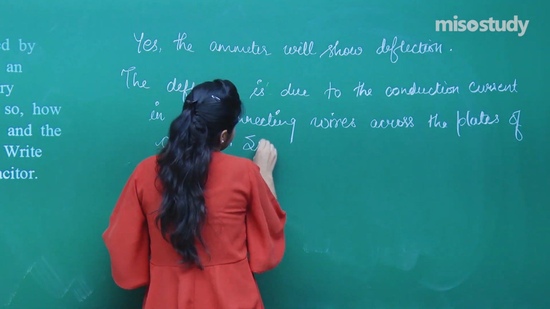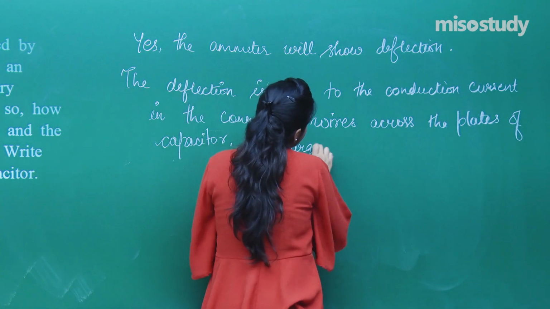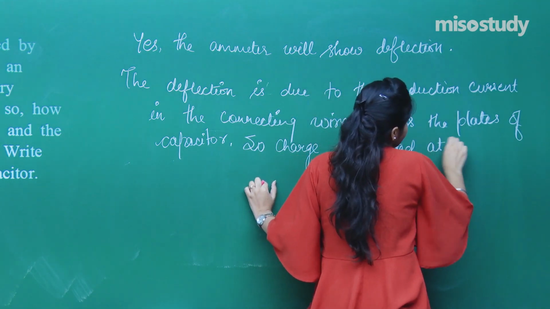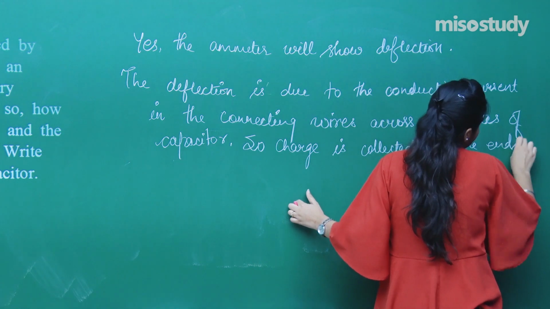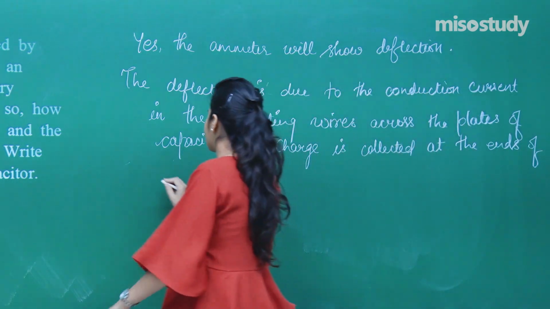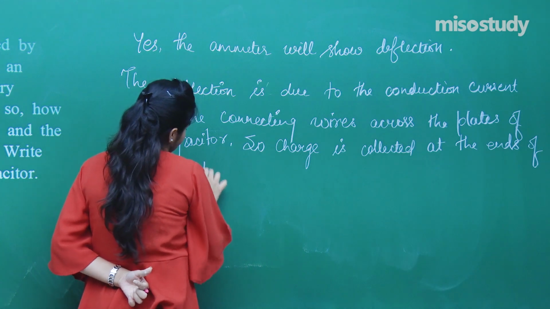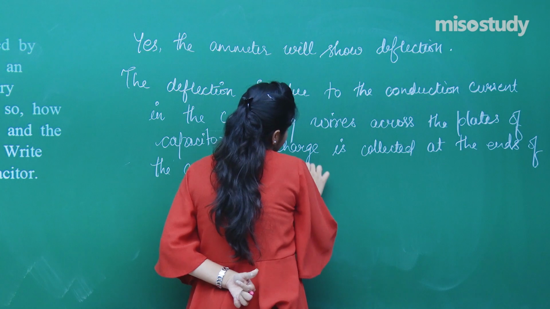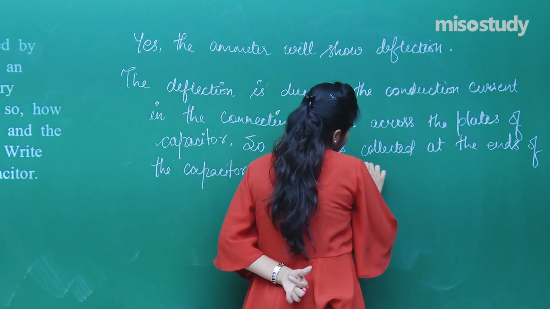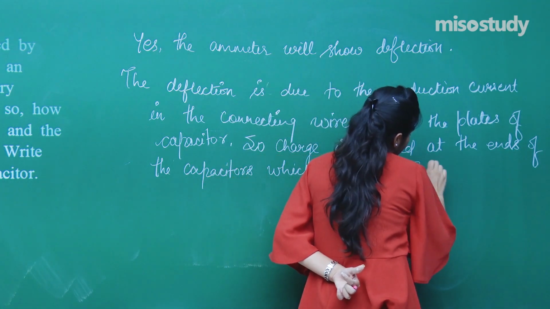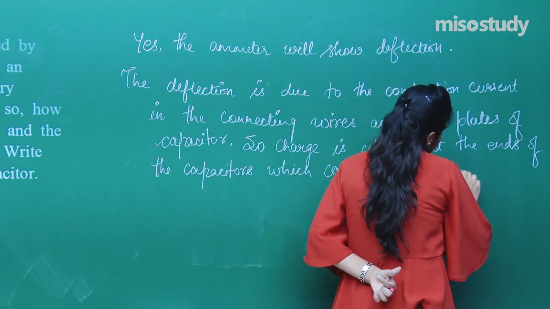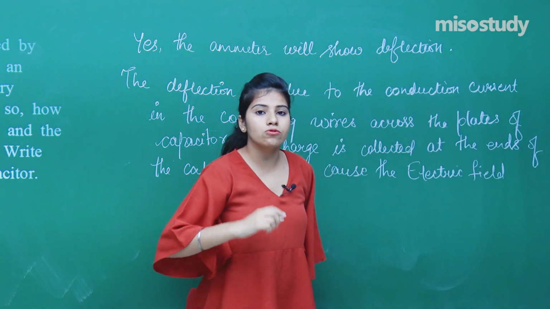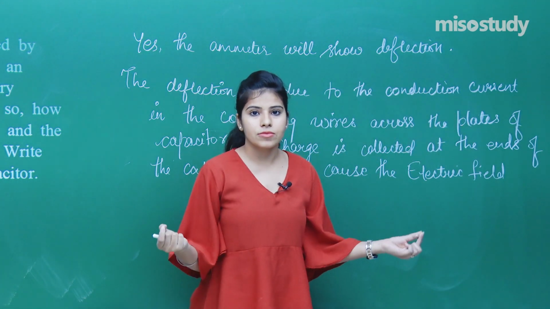So, charge is collected at the ends of the capacitor which cause the electric field to generate in this circuit.